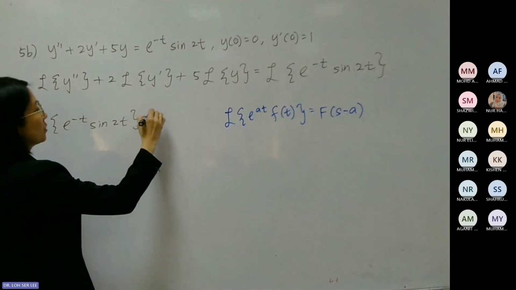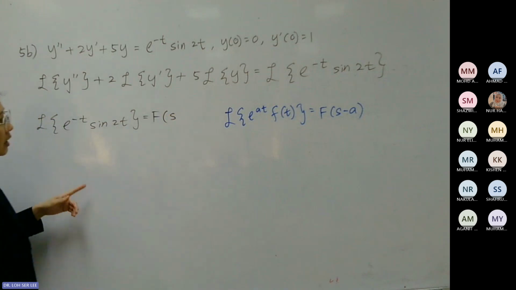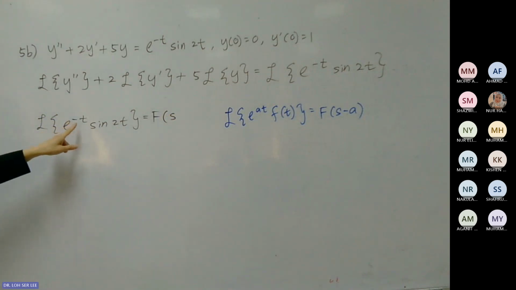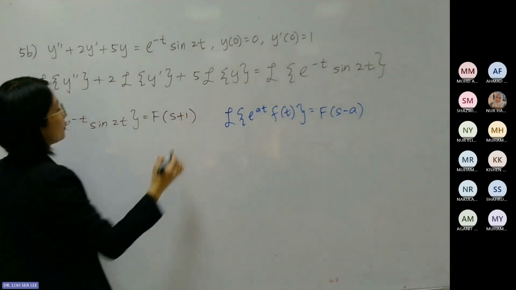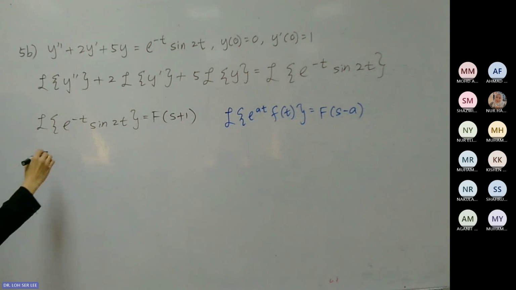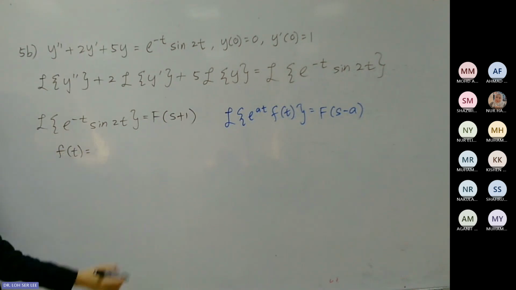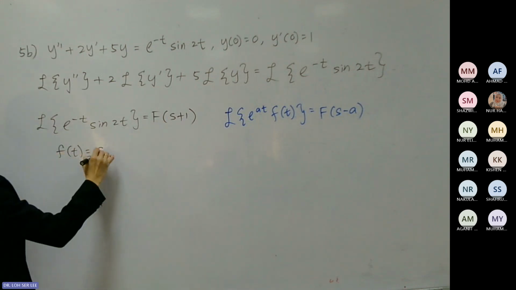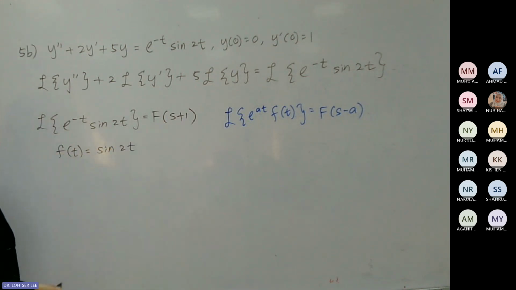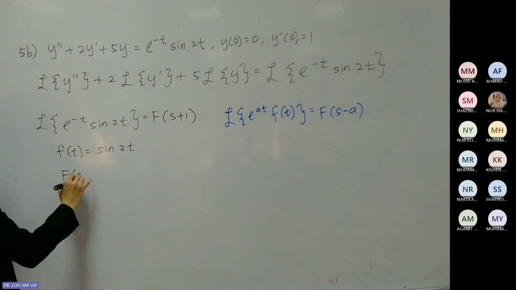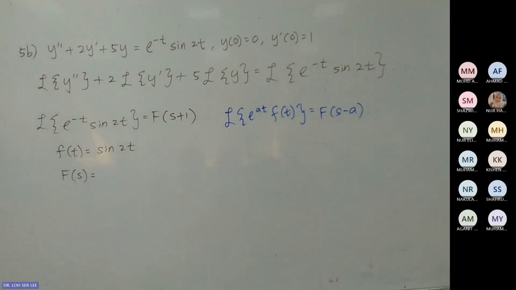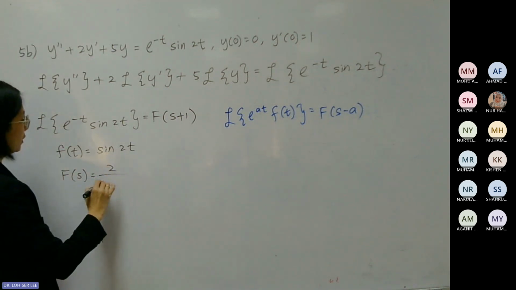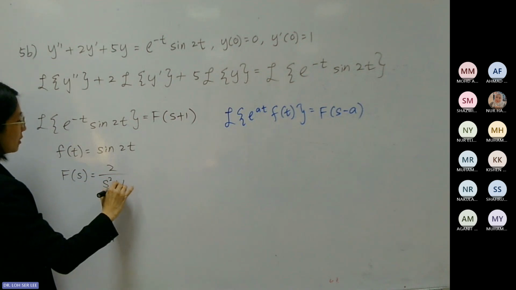So here a is that one, plus 1. Then your f(t) is sine 2t. Then we need the F(s): 2 over s squared plus 4.